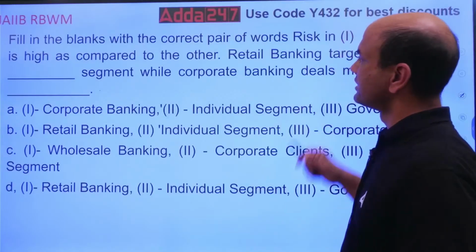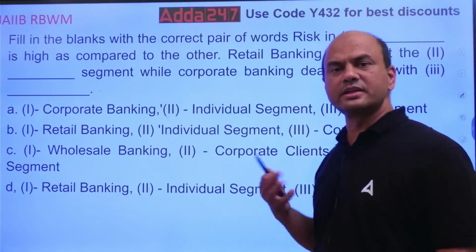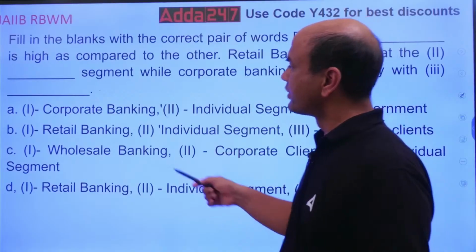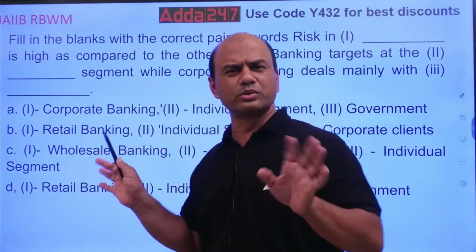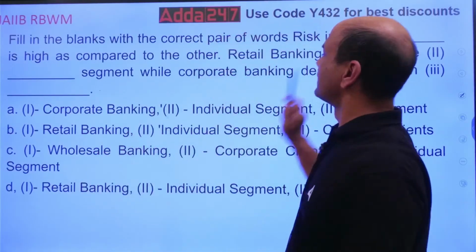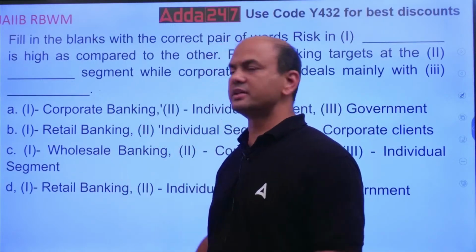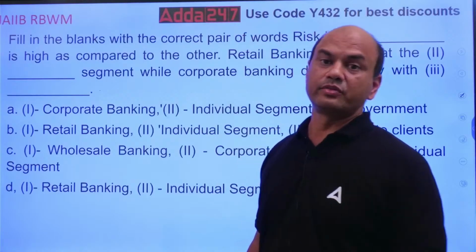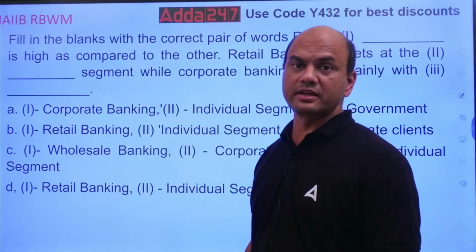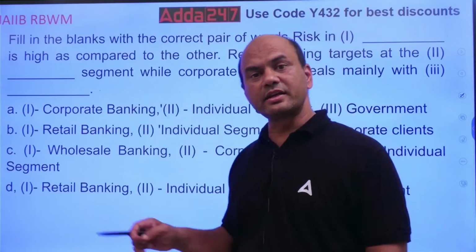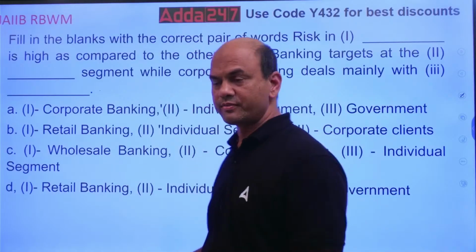Risk in dash is higher. In which banking is the risk higher? Only check the first one now, not the second and third. Corporate banking, retail banking, wholesale banking, retail banking. So where is risk higher? Risk is higher in corporate banking.